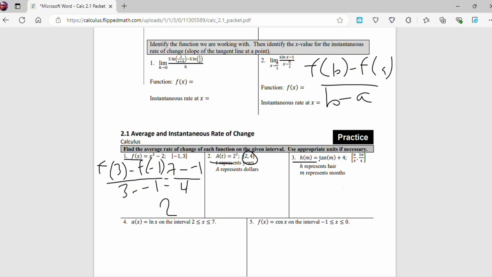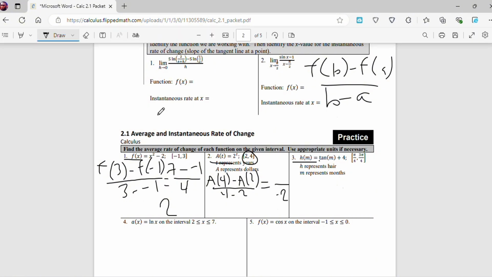We have 4 is b, 2 is a. And so a of 4 minus a of 2 over 4 minus 2 is going to give us our average rate of change in the interval. You know that 4 minus 2 is 2.